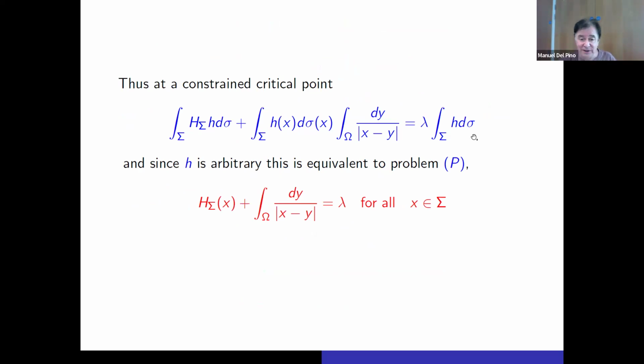Then, look, here is the magic. Since this is equal to 0 for all h, then what we should have is the validity of this relation. So this is the situation.